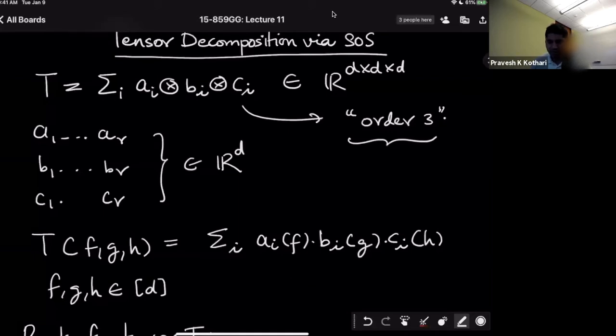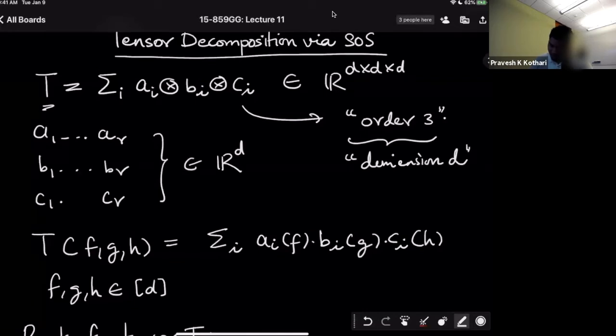So the tensor T that I have here is a third order tensor in d dimensions. So just so that the notation and terminology is clear, we are looking at the d dimensional third order tensor.